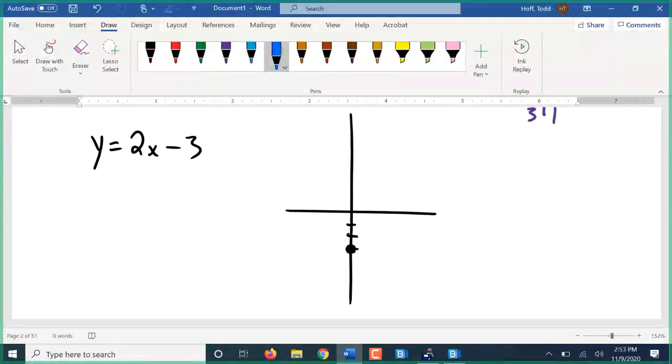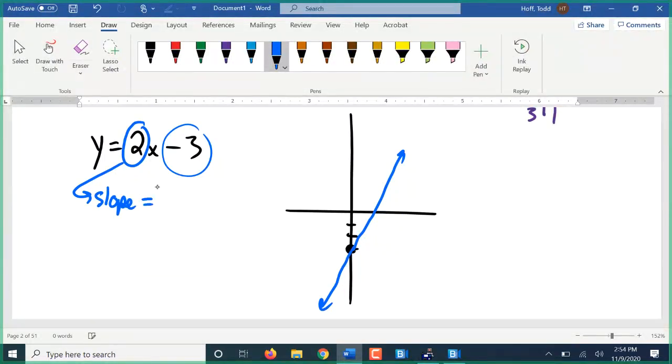That is the -3. The 2x is saying instead of having that 45-degree angle across the graph like this, we go a little bit steeper. Something like that. That steepness is referred to as slope.